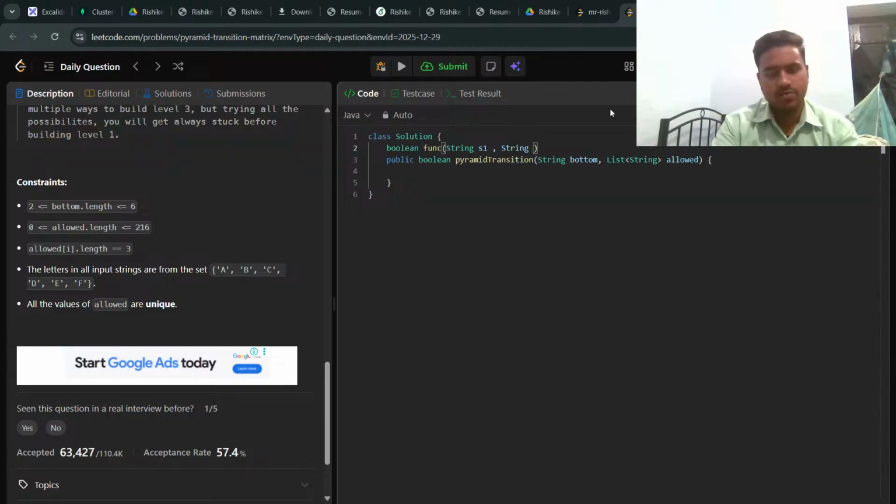I have to take a StringBuilder, I thought. Let's check: StringBuilder s1, StringBuilder s2, and the I index. Then this is allowed.